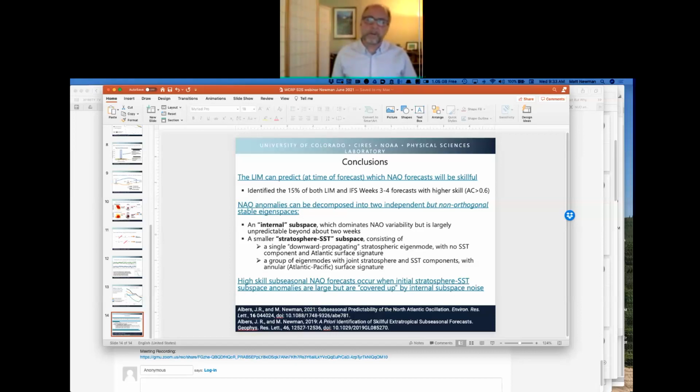It matches it step for step like that. So the IFS will always be a little better on average than the LIM, and as the skill goes up and down, it tends to do that. But by the time you get to week 4 it's clear, and at week 5, in fact, the LIM is actually better than the IFS, which again suggests there are probably some errors in the IFS, at least in that 2017 version, which are inhibiting its skill some.